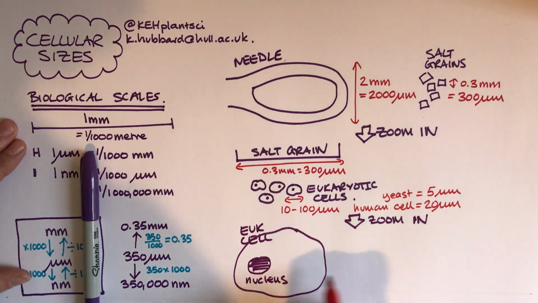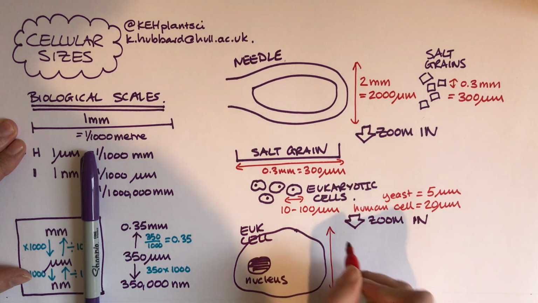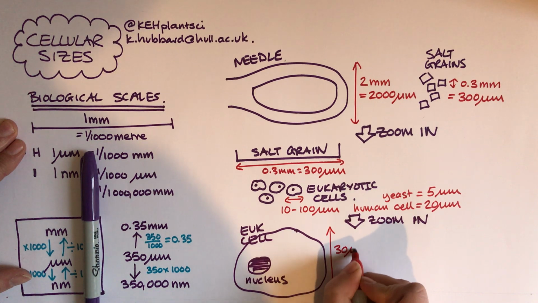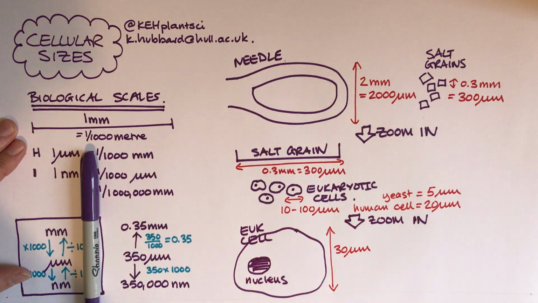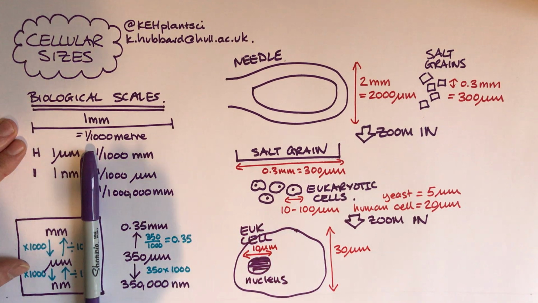The whole cell, let's call that 30 micrometres. The nucleus would probably be about 10 micrometres or so. Again, it varies on the cell type you're talking about, but if you've got a cell of about 30 micrometres, you would expect the nucleus to be about 10 micrometres.